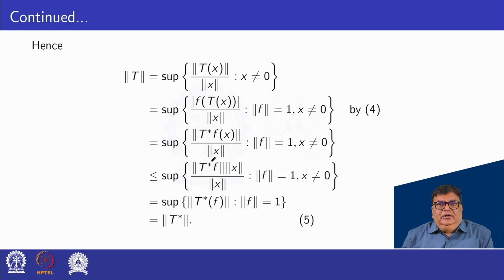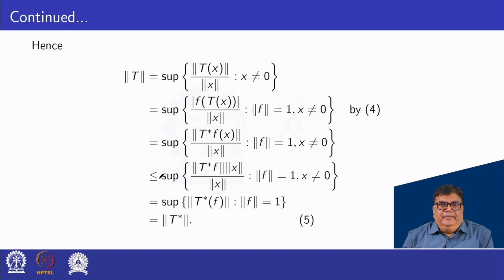Okay, so as per the bounded linear transformation, this is less or equal to norm of T star f into norm of x. So norm x and norm x cancel out.